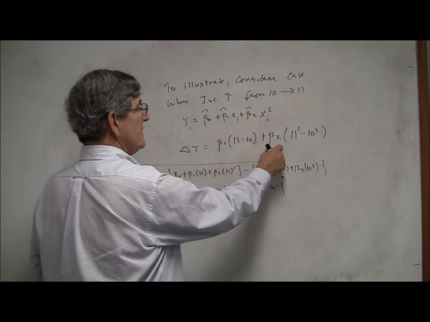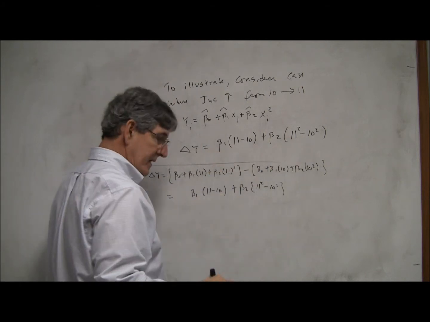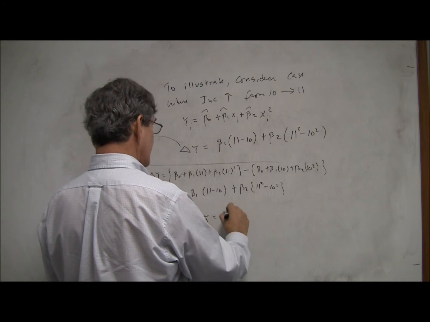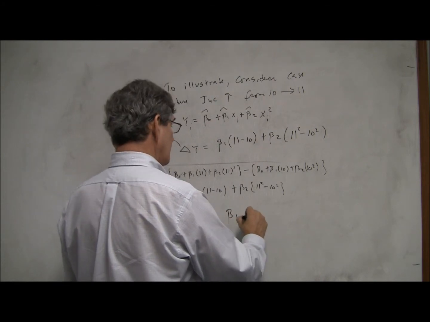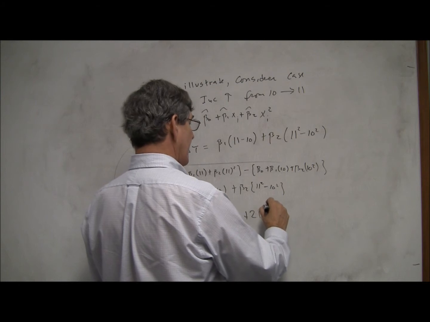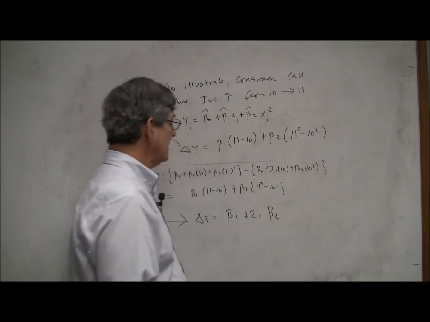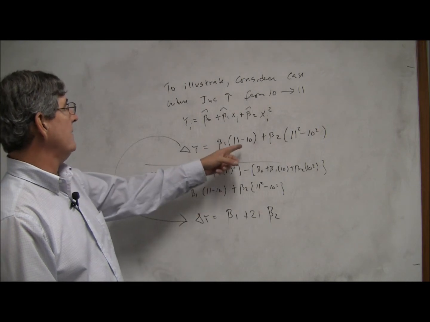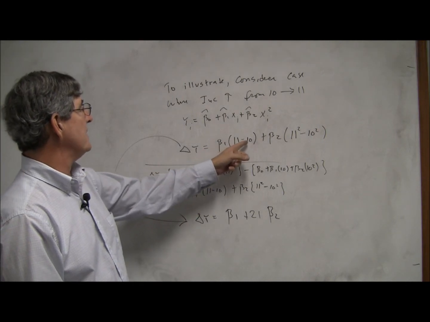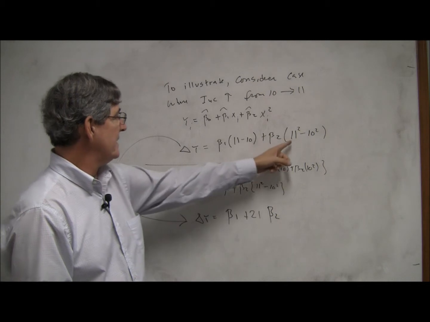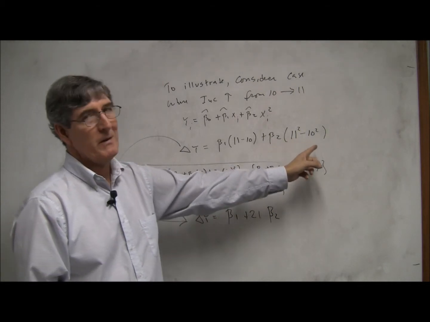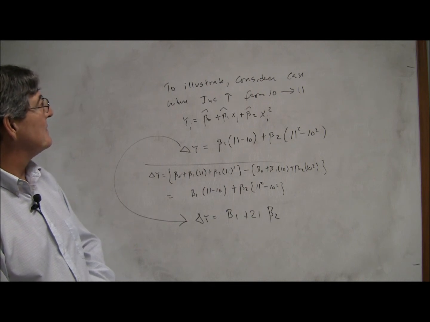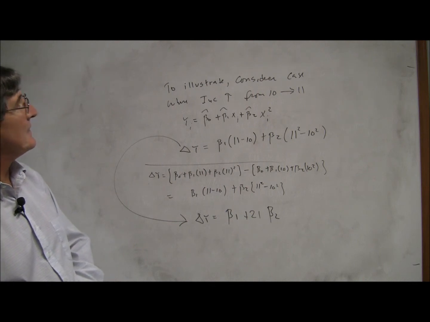The change in y is then beta 1 plus 21 times beta 2 for this particular case. If you did 41 minus 40, this would be a different number because it would be 41 squared minus 40 squared, and I don't know if I can do that one in my head. 40 squared I can do. 41 squared is a little harder, and it's another 82.